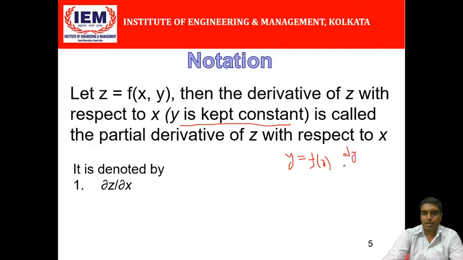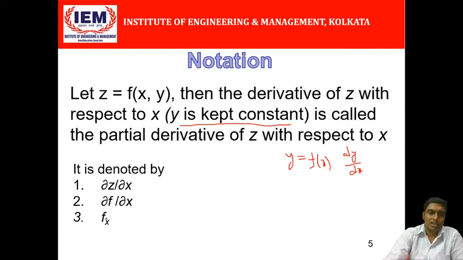Now here you have two independent variables, so it is denoted del z del x, or del f del x, because z is a function of x, y. Another shortcut way to denote the partial derivative of z with respect to x is f with suffix x, meaning the partial derivative of this function with respect to x. And another way, D suffix x of f.